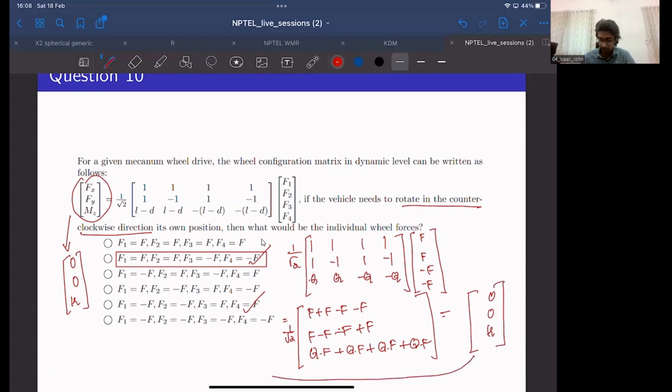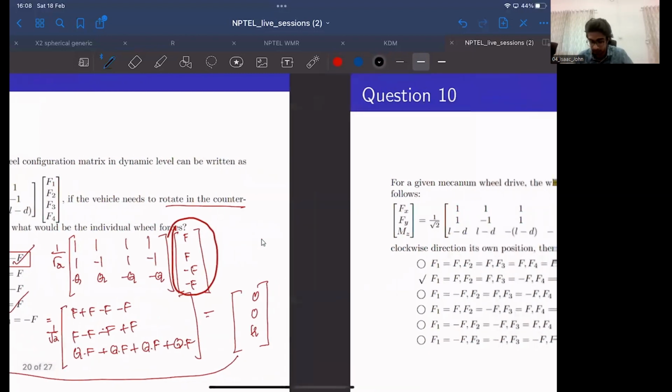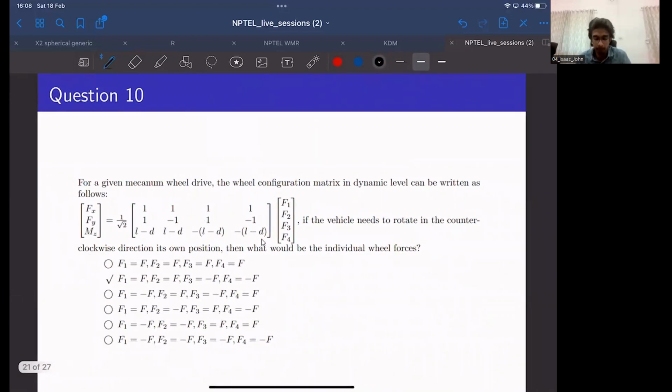Again, this is exactly the form that we require, and exactly what the question demands. So the right choice of individual wheel forces would be F minus F minus F, which is option B. Yeah, option B is our choice.